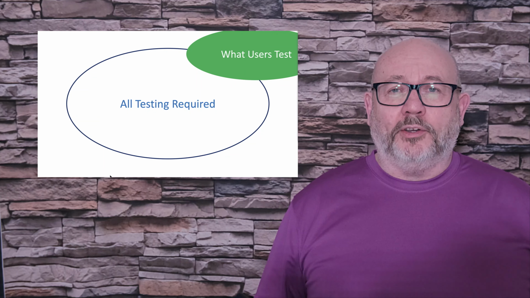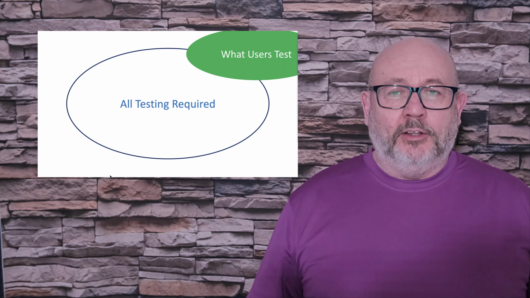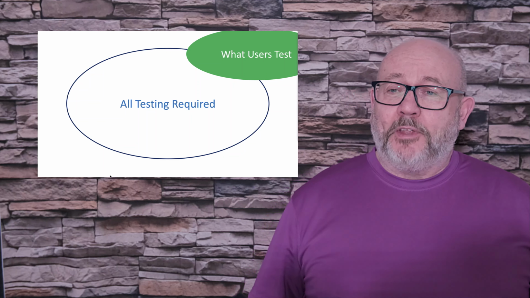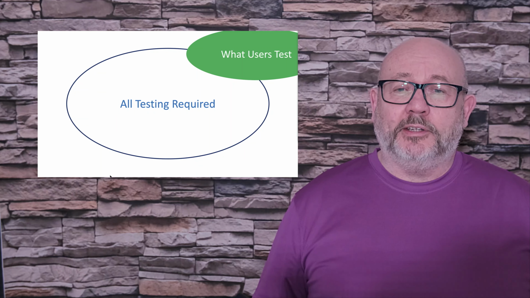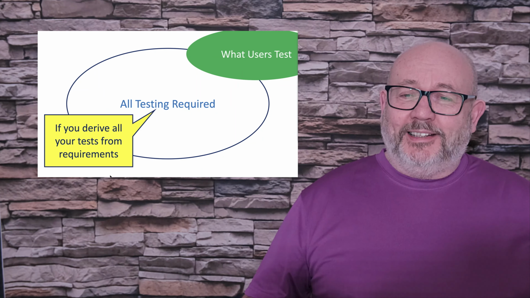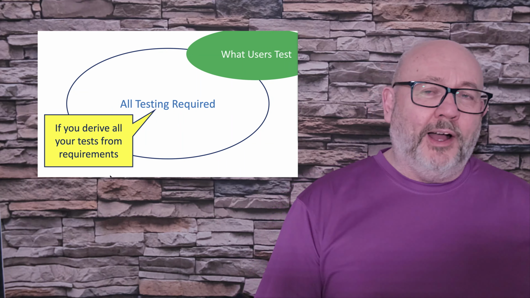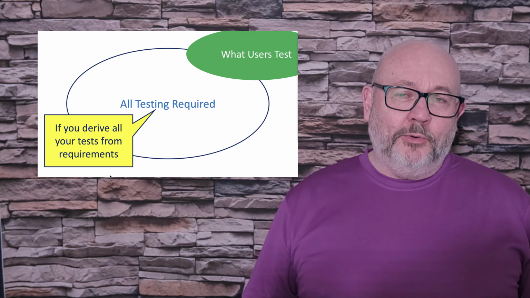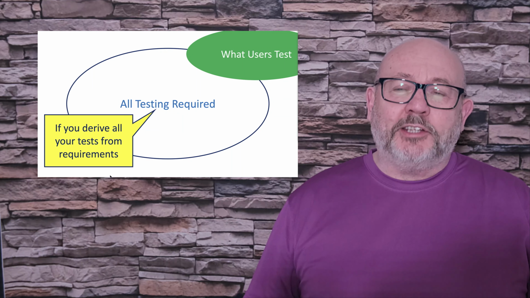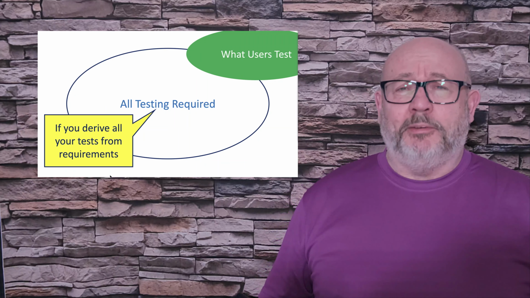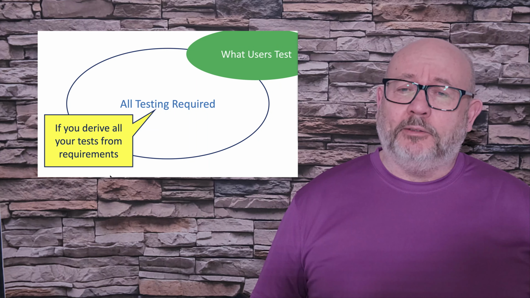An awful lot of what they are really looking for, and possibly complaining about if things aren't going well, is outside the scope of the requirements. Now, why is this? Well, if all our tests are derived from requirements, we're going to miss an awful lot of the aspects of the system that users are going to be most concerned about when they get their hands on the system itself.